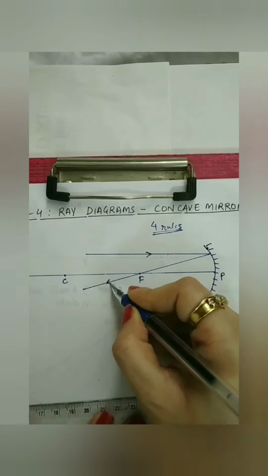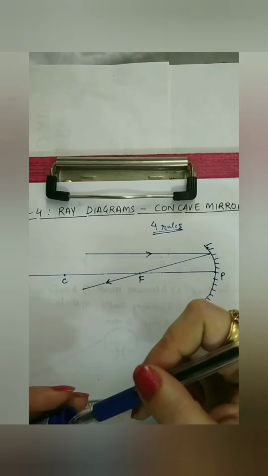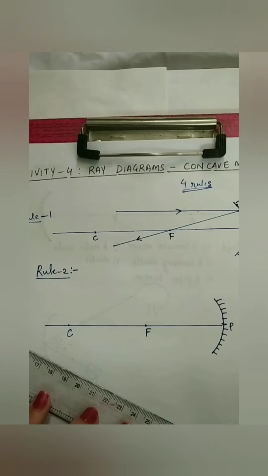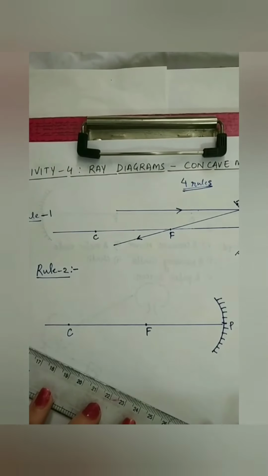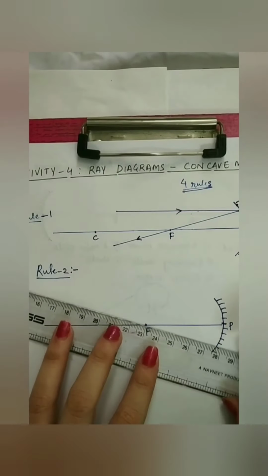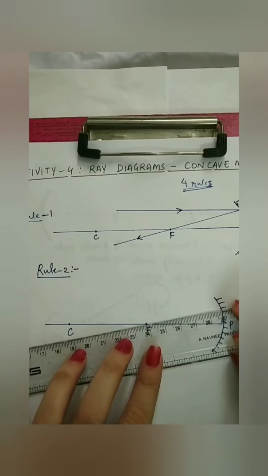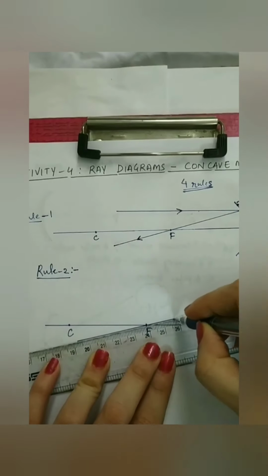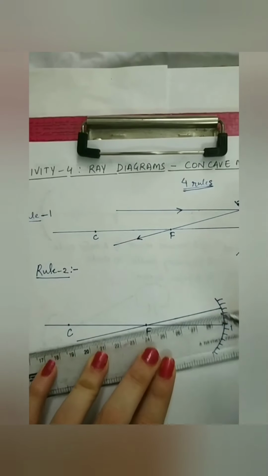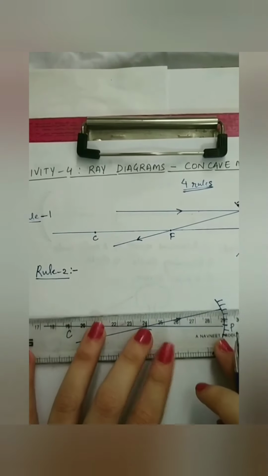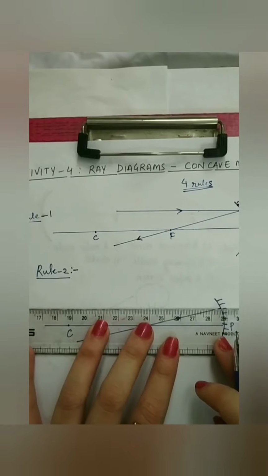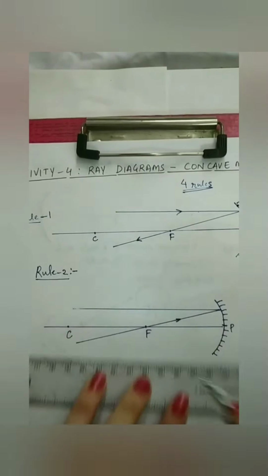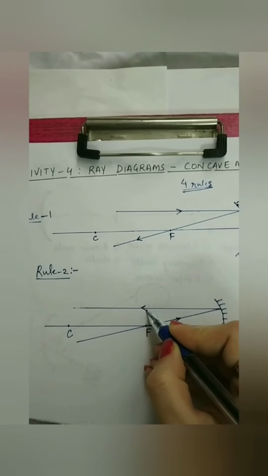This arrow indicates the direction of the ray. The second rule is that a ray passing through the focus will emerge parallel to the principal axis after reflection from the mirror.